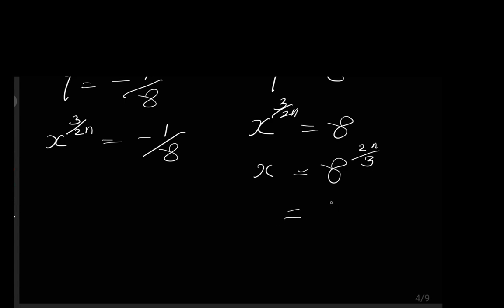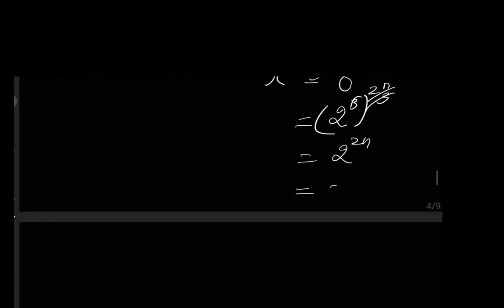So actually what is 8? 8 is 2 cube, power 2n by 3. This 3 gets cancelled. 2 power 2n, that is 2 square, the whole power n, that is 4 power n. One root is x is equal to 4 power n.